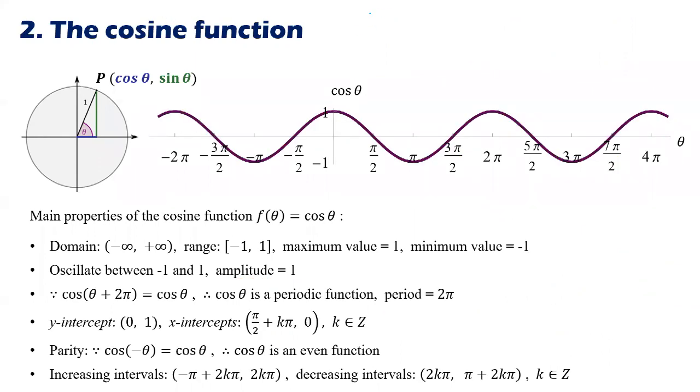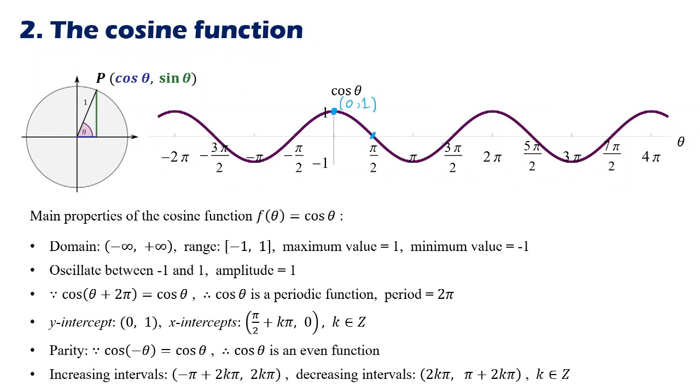Again, if you plot it using a pencil and paper or using technology, you can have a shape of the cosine function like this. It starts from 0, 1. When x is 0, the function is 1, right? And comes all the way down and crosses half pi, 0, and then goes all the way down to pi, minus 1.